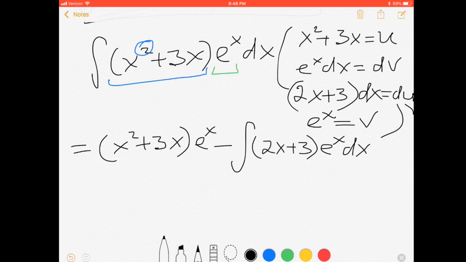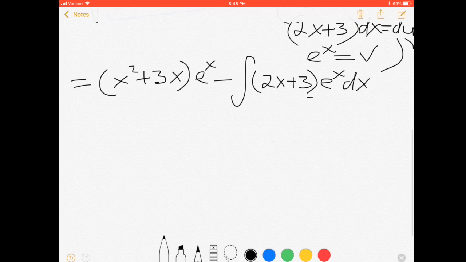This new integral is better than the integral before. Before, you had a polynomial of second degree; here it is only linear. This means if we do integration by parts one more time, it looks like we have a result.